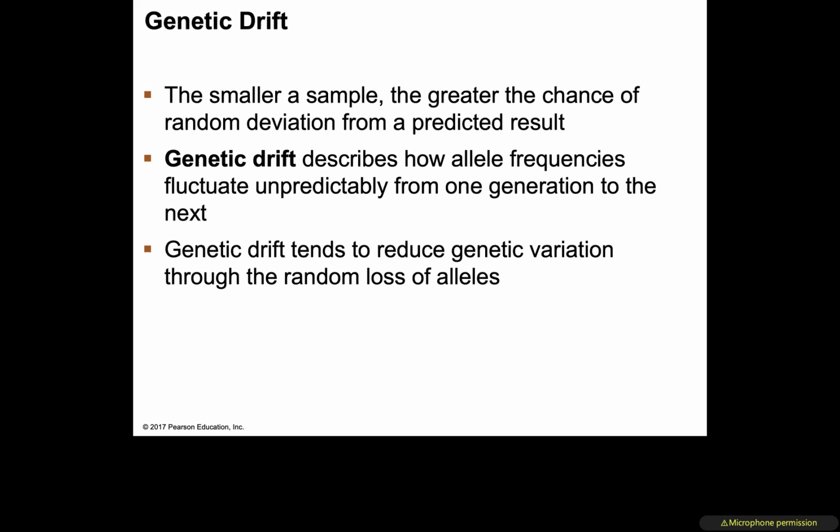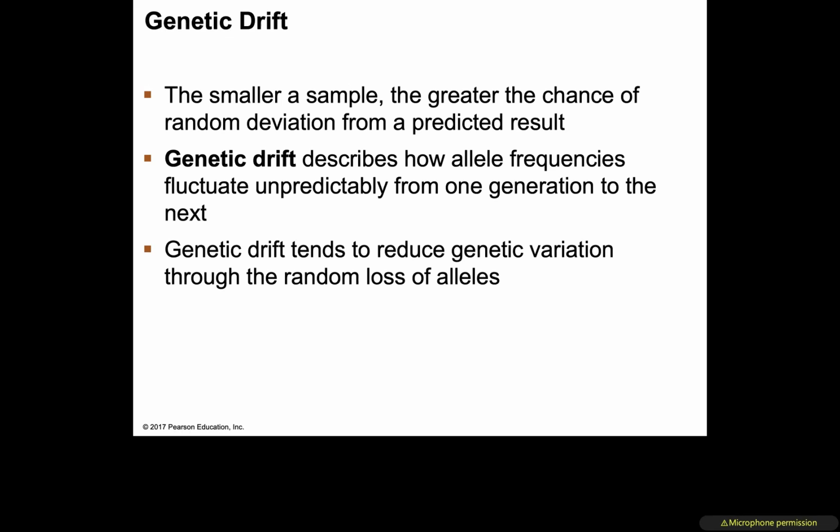So the thing about genetic drift, going back to the statement up here, the smaller the sample size, the greater the chance of random deviation from the predicted result. Okay. So if you have a large population, you're going to find that your populations going from one to the next will fluctuate very predictably, maybe even following around that 50% line, back and forth, up and down, up and down.